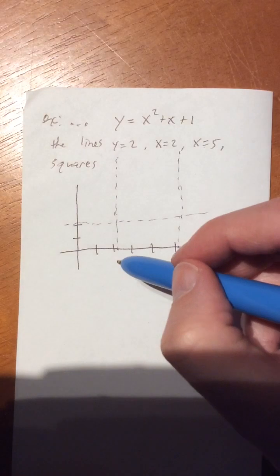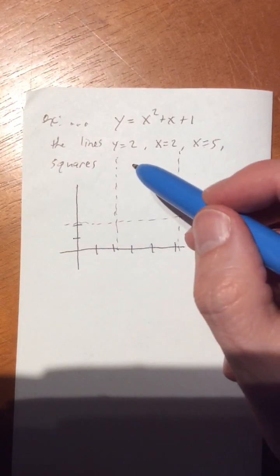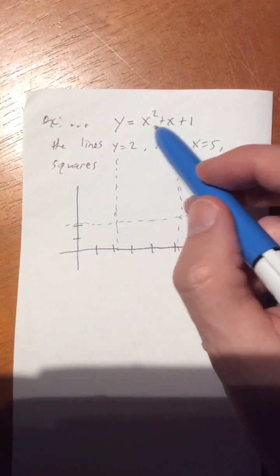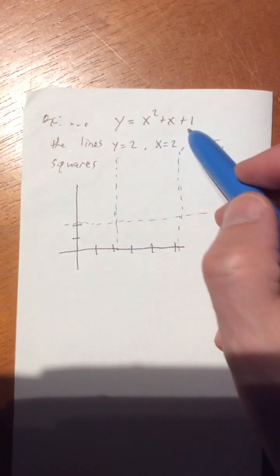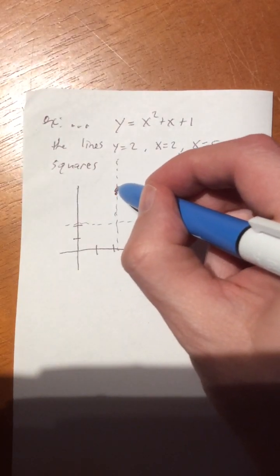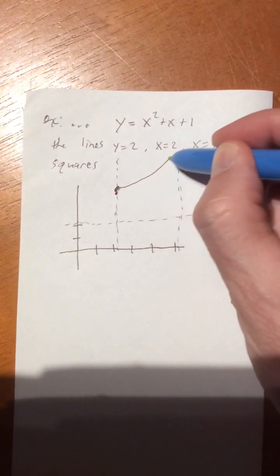And so I'll just get at least a starting point right here. I'm going to plug in 2 for x. So 2 squared is 4, plus 2 more is 6, plus 1 is 7. So here I am at, I'm going to make believe that's 7 right there. And this is a parabola, so we're going to go up like that.